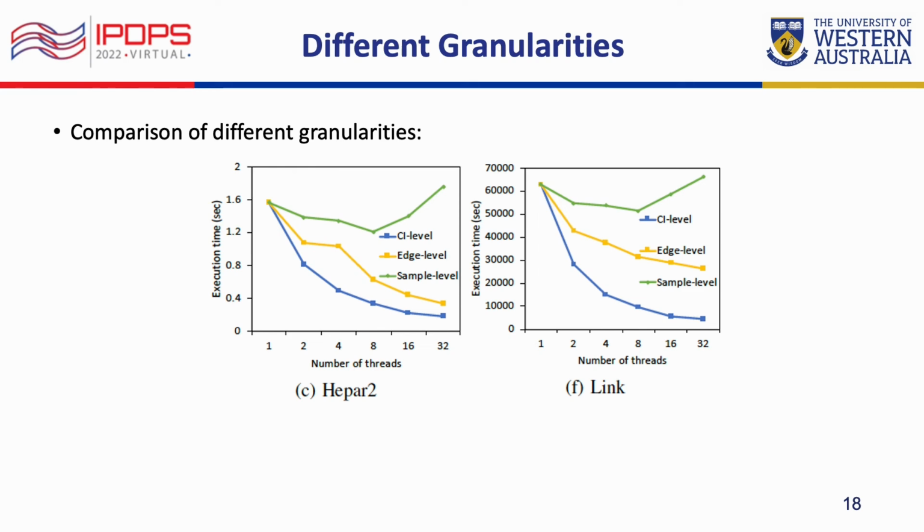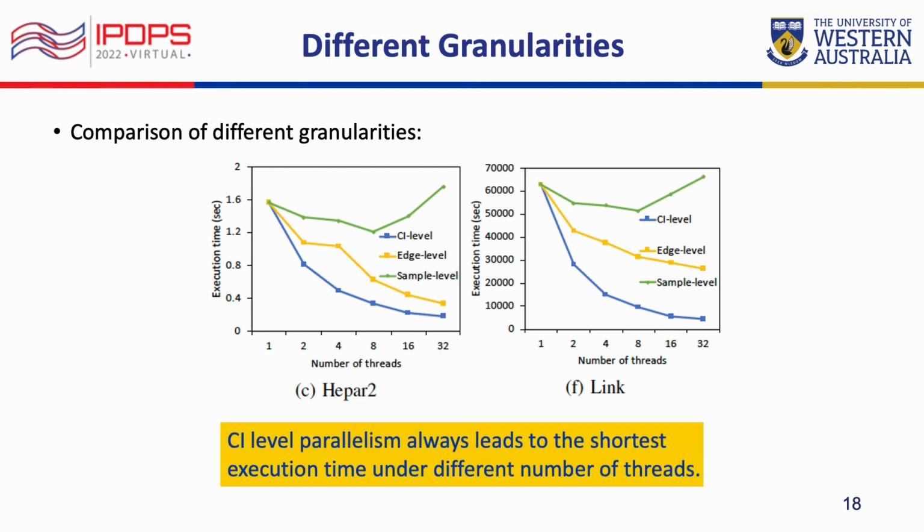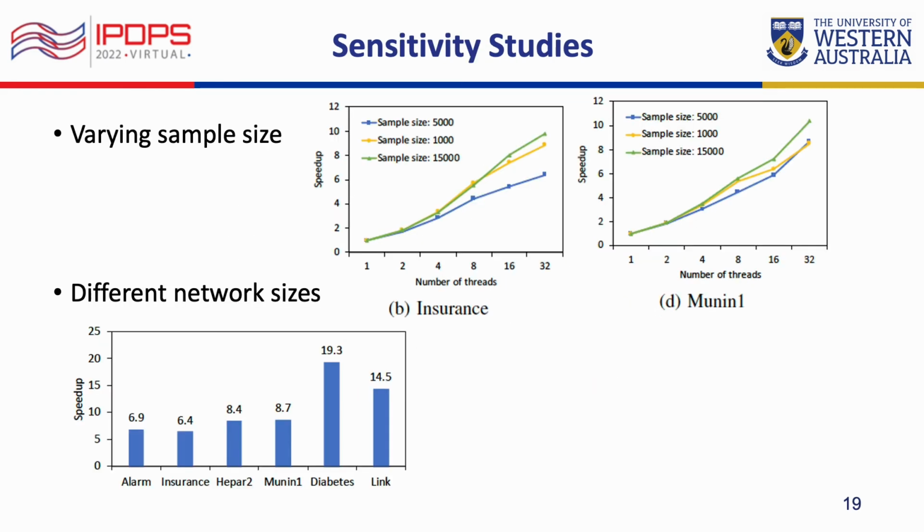We compared our proposed CI level parallelism with edge level parallelism and sample level parallelism. We can see that CI level parallelism, the blue line, always leads to the shortest execution time under different numbers of threads. To better understand FastBNS, we performed sensitivity studies.